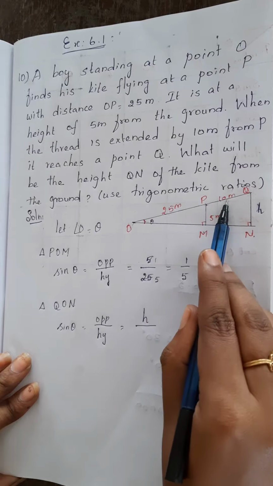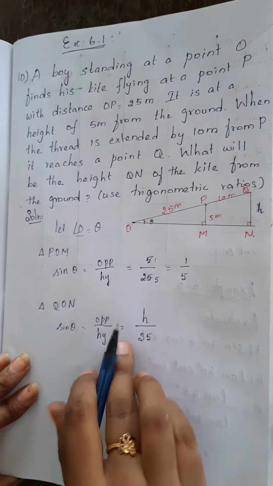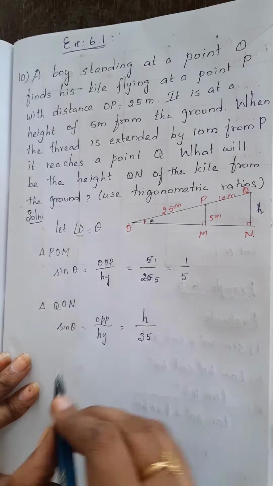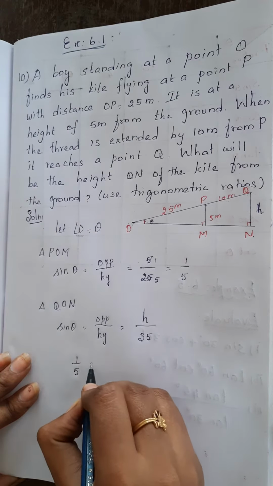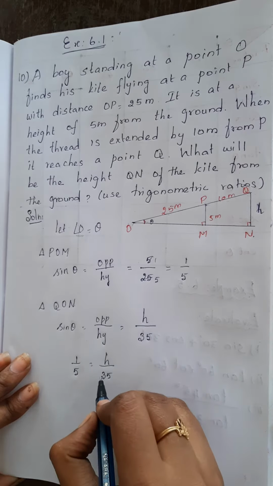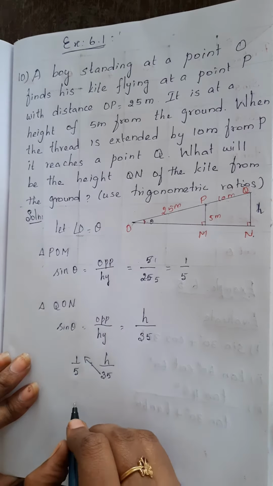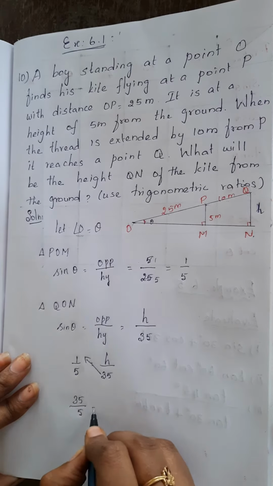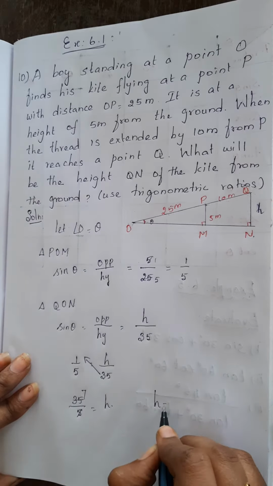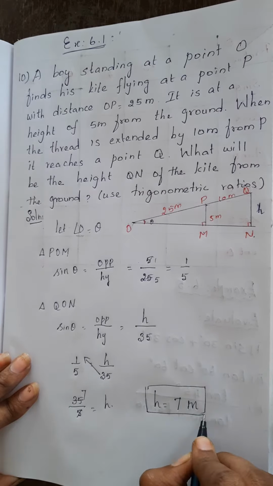So 25 plus 10 equal to 35. You know the value of sine theta, that is 1 by 5. So 1 by 5 equal to h by 35. Then multiply. So 35 by 5 equal to h. Cancel it. So h equal to 7 meter. This is your answer.